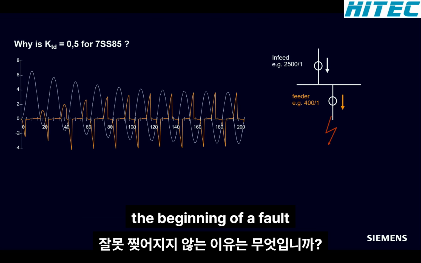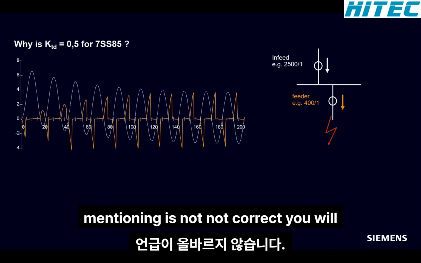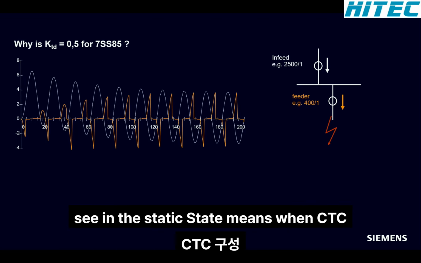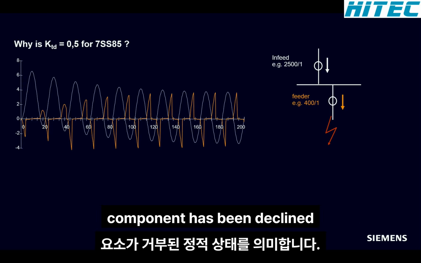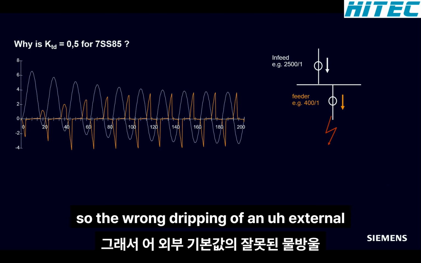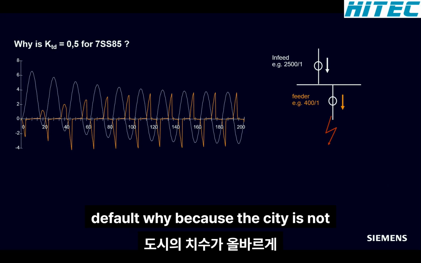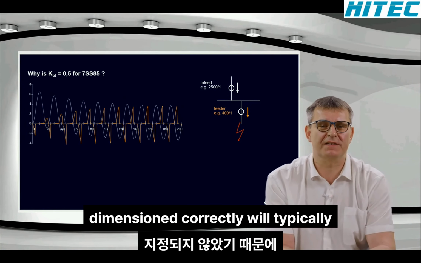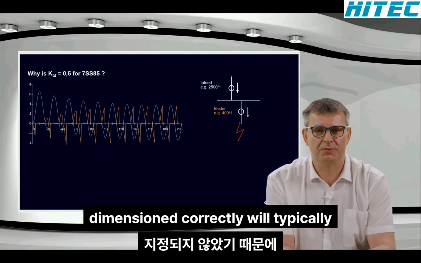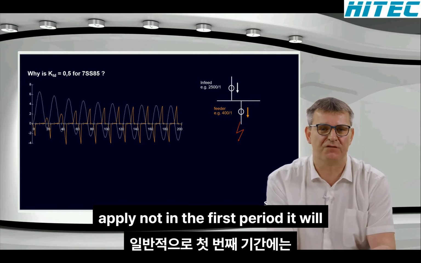Whether the CT dimensioning is not correct, you will see in the static state, meaning when the DC component has declined. So the wrong tripping of an external fault, because the CT is not dimensioned correctly, will typically apply not in the first period.